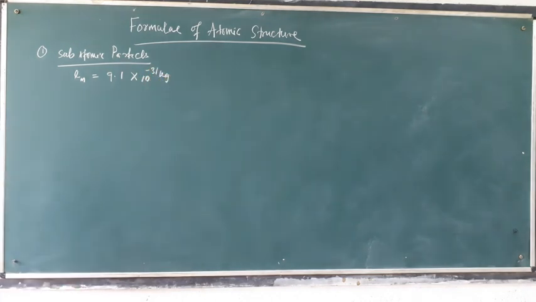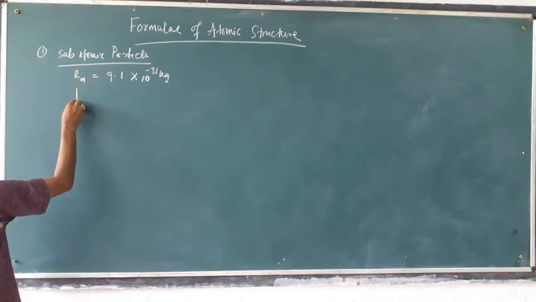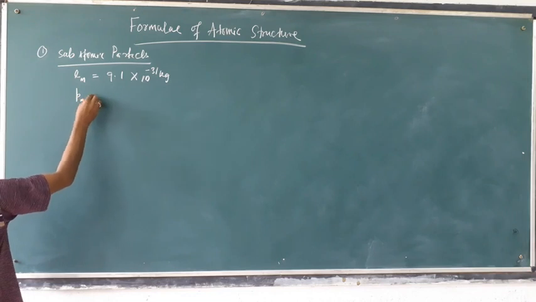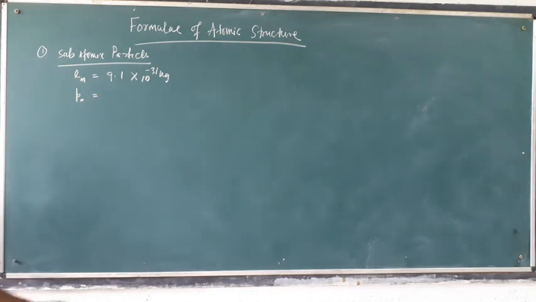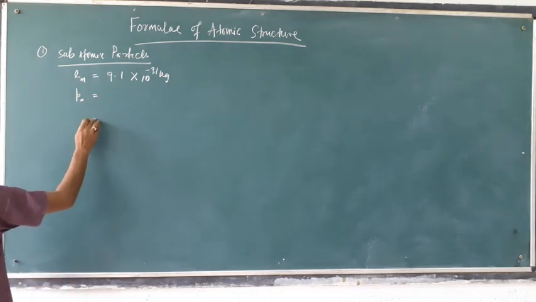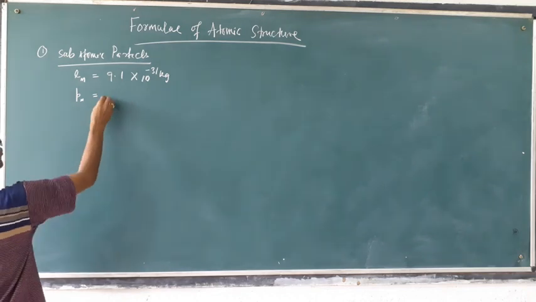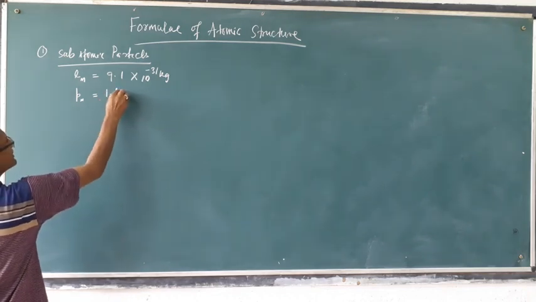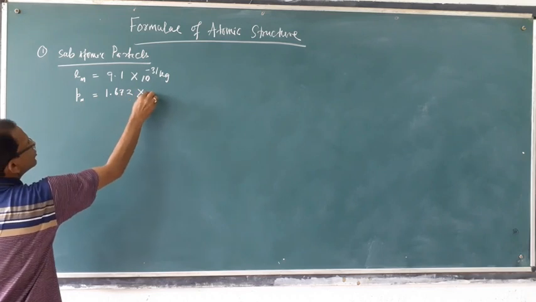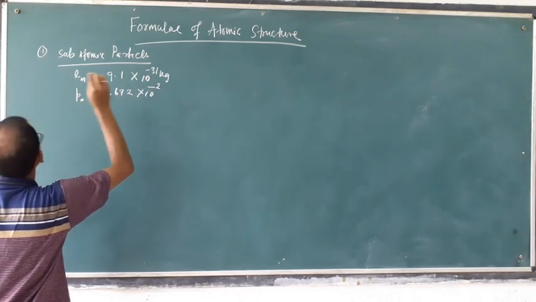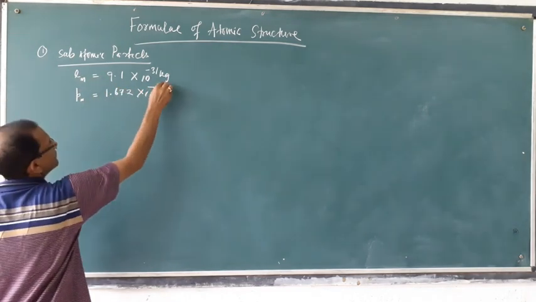This is the mass of electron. Mass of proton, Pm, short form is like this. That is how much? 1.672 into 10 to the power minus 27 kg.